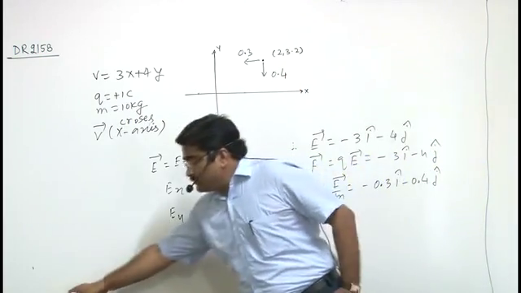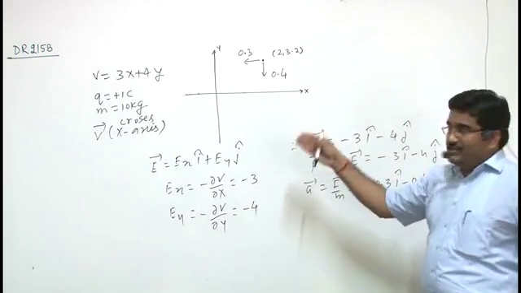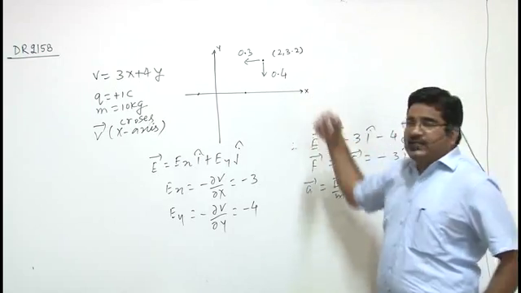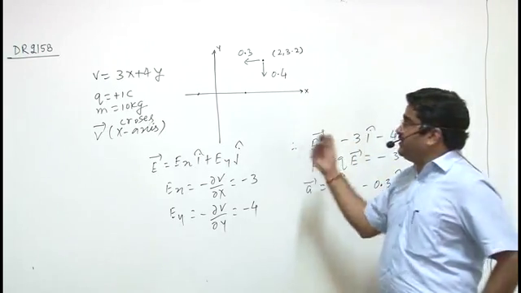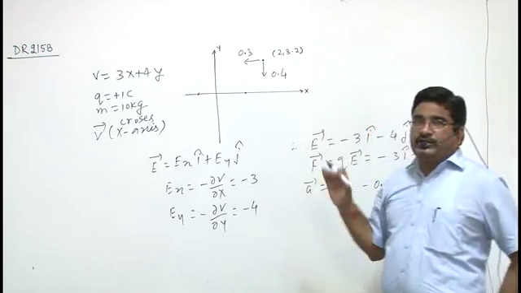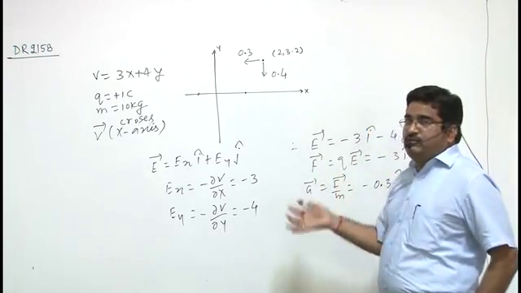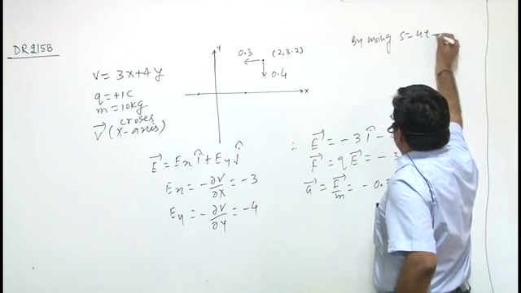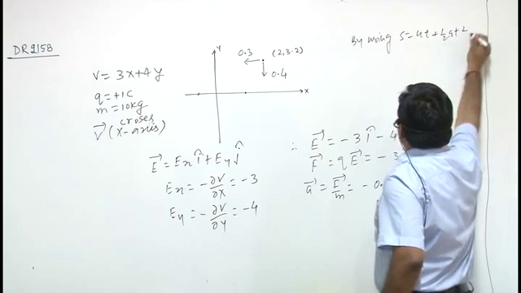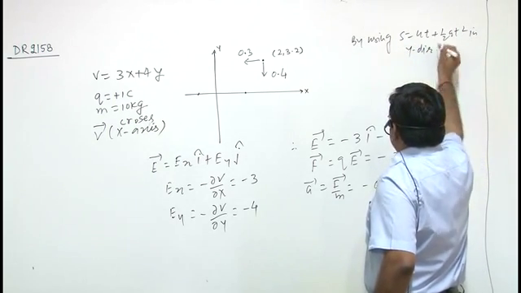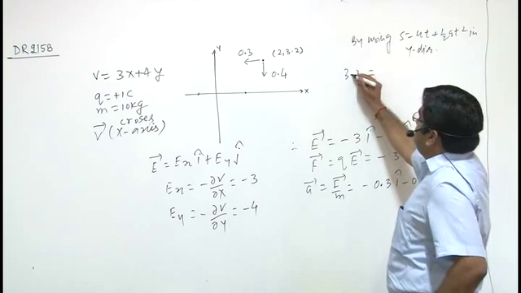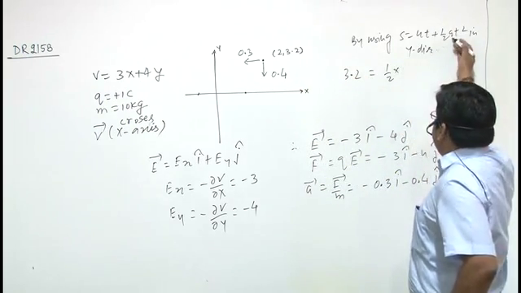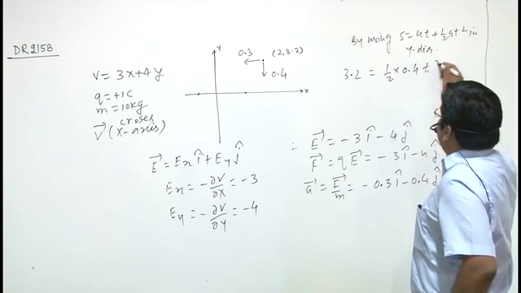Now when this will cross the x-axis at that moment of time, whether it crosses here or it crosses there, by the time it reaches the x-axis, its displacement in the y direction will become 3.2. So let us apply the equation in the y direction by using s equals ut plus half a t square. 3.2 is the displacement when it reaches the x-axis, that is equal to half into a_y, which is 0.4, into t square.